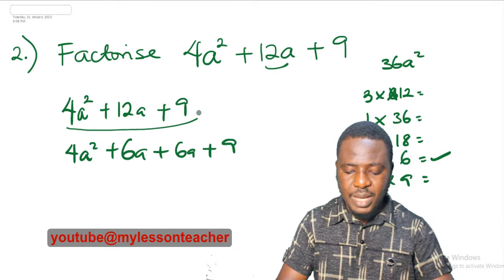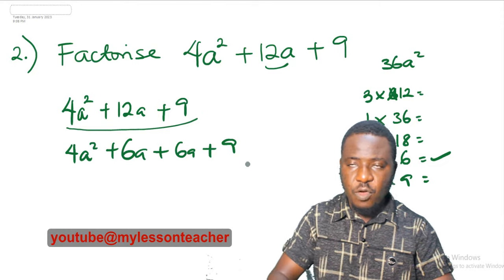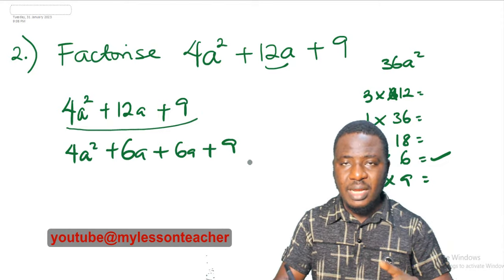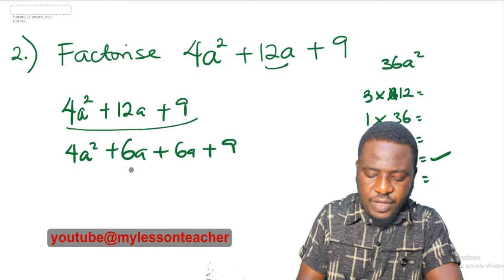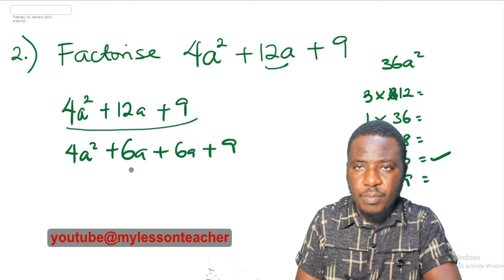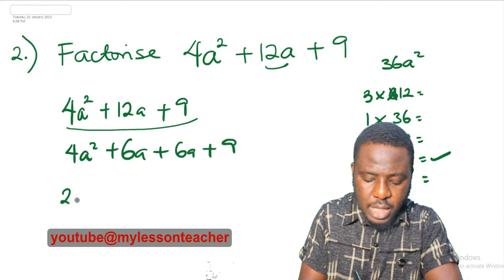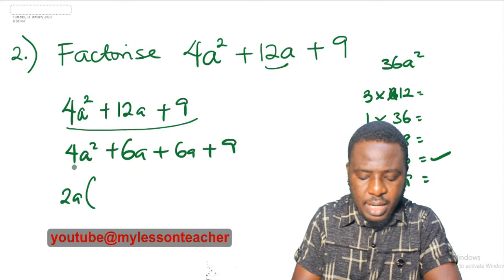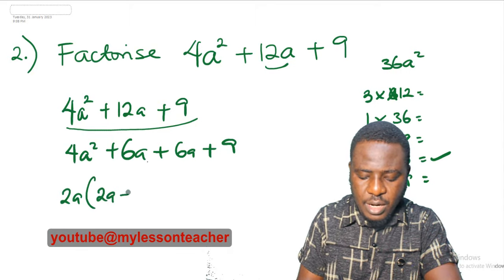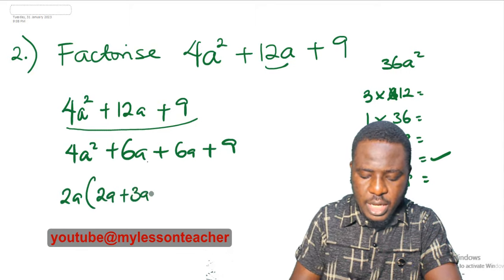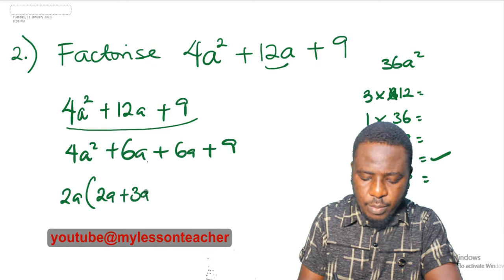But when you make it a four-term expression, you can then factorize them in twos. So what is common in the first two terms? A is common as well as 2. So 2a is common. 2a into bracket, divide the first term by 2a, you'll be left with 2a. Divide the second term by 2a, you'll be left with plus 3.